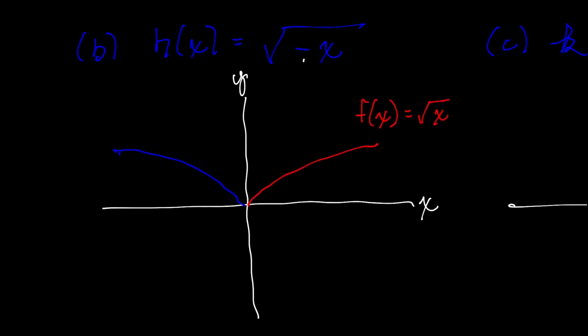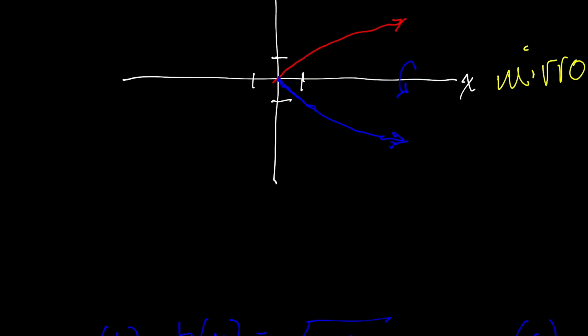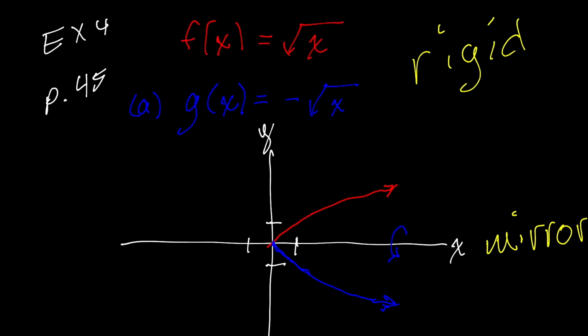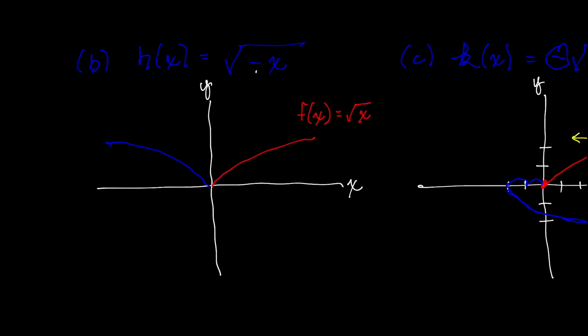So part B ends up looking, we have the parent function right here, f of x is the square root of x. Then we're taking its opposite. So if I take the opposite of a function on the outside, like up here, and it flips it across the x-axis, what do you think happens when we take the opposite of the x on the inside?